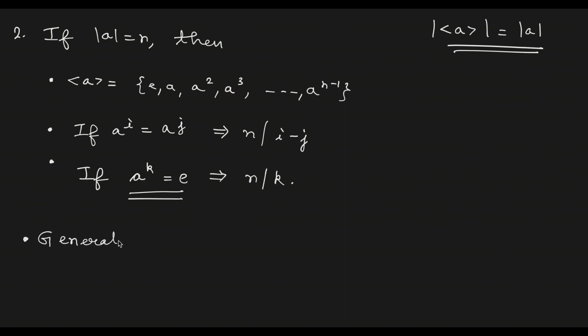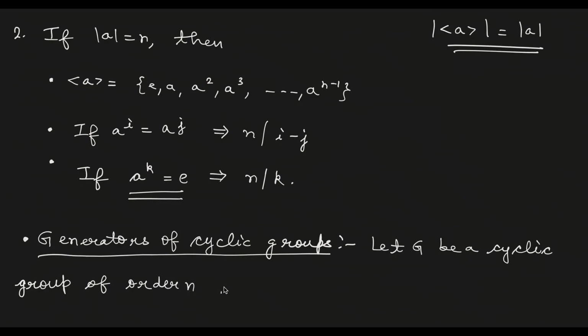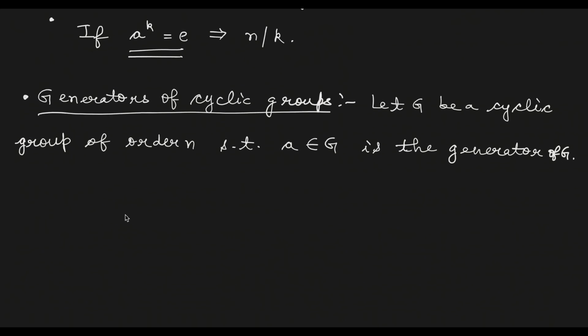Generators of cyclic groups. Let G be a cyclic group of order n such that A belongs to G is the generator of G. Then G is equal to generator A to the power k if and only if GCD of k comma n is 1.